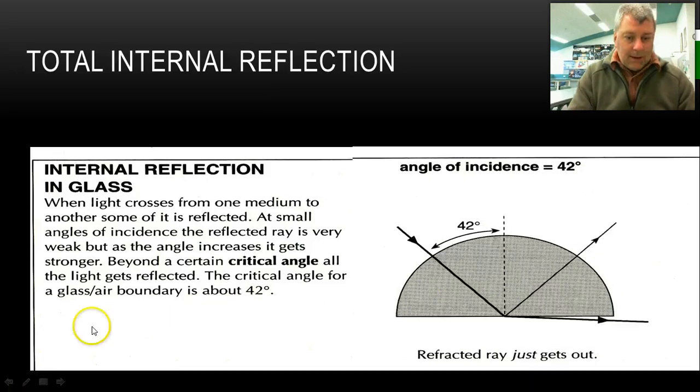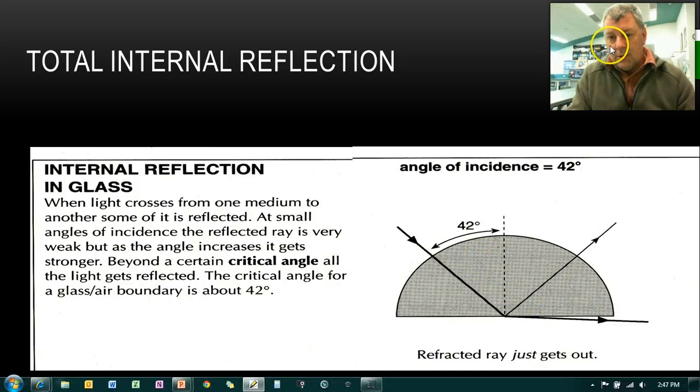If we go back, what they should have done here is this line, let's draw it in nice and big. If this is the critical angle, the refracted light is actually travelling along the interface between the glass and the air, and so that would be referred to as the critical angle.